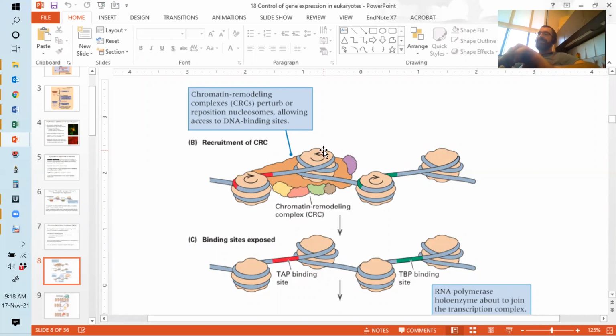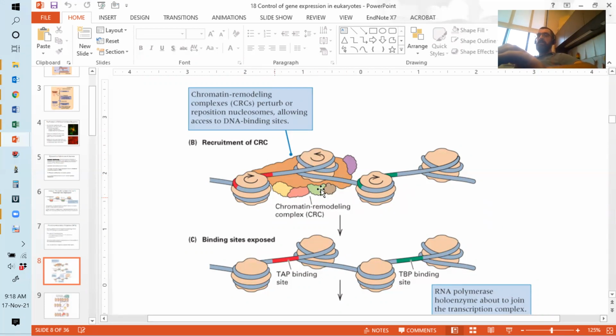And they're often directed to a particular site because of modifications of the histones themselves. Right, so there's an awful lot of interplay between all of these different things. And that's what makes it such an astonishingly complex subject, right? Because there are lots of different levels and all of these different things talk to each other, right?